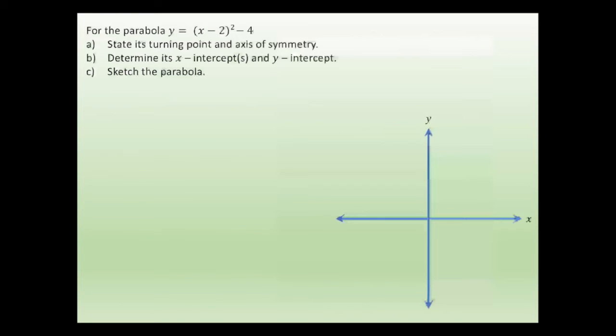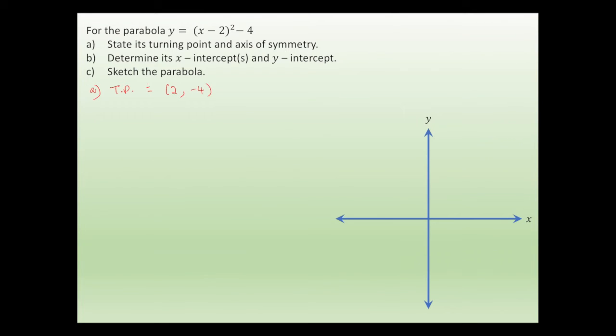First, let's sketch y equals x minus 2 all squared minus 4. You are asked to state its turning point and axis of symmetry, determine its x-intercepts and y-intercept, and then sketch the parabola. Let's start off with stating the turning point. The turning point is (2, -4).